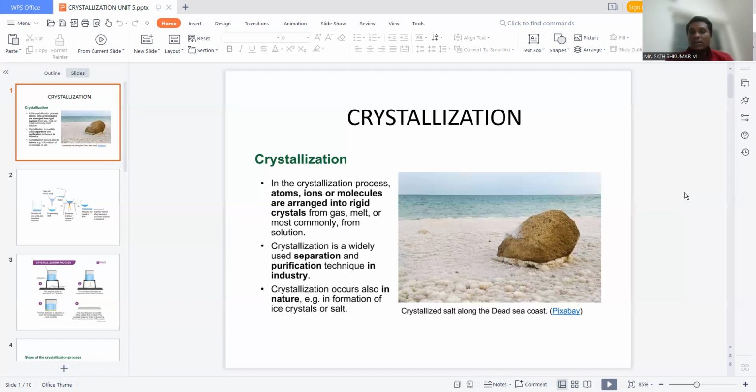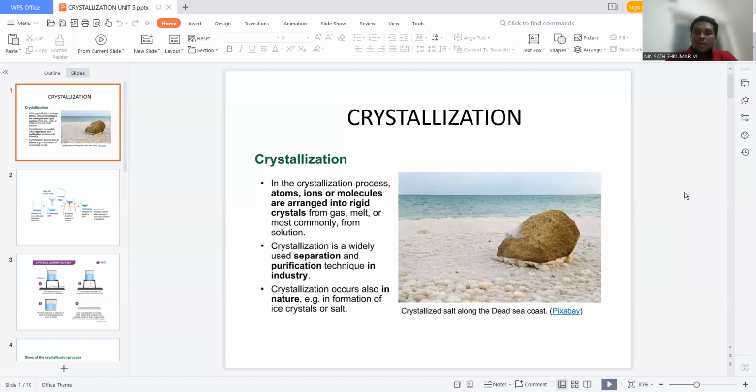Crystals are made from gases, liquid melts, or solutions. These are the sources for the formation of crystals.